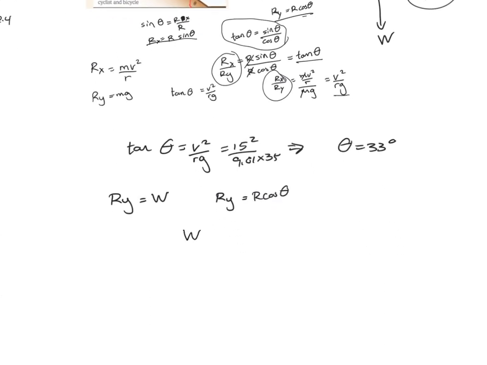So in other words, weight is equal to R cos theta. So if you rearrange for R, it's equal to weight over cos theta, which is 785 divided by cos 33, which is equal to 940 newtons.